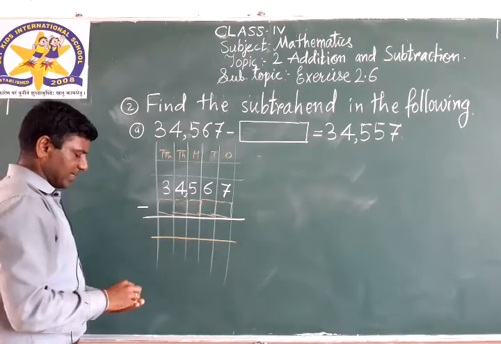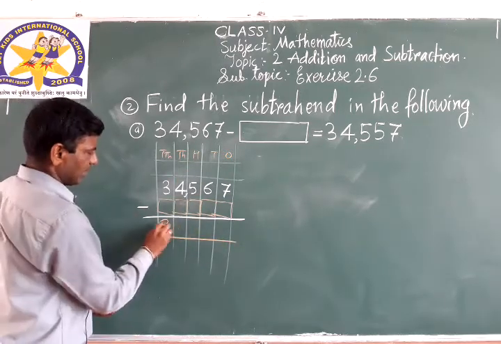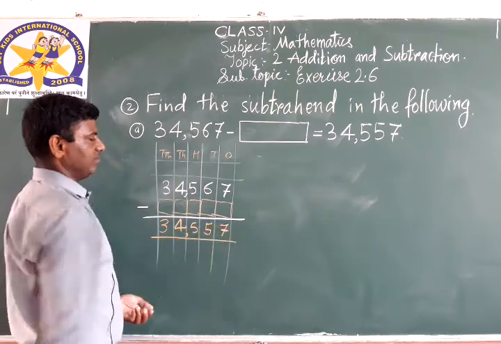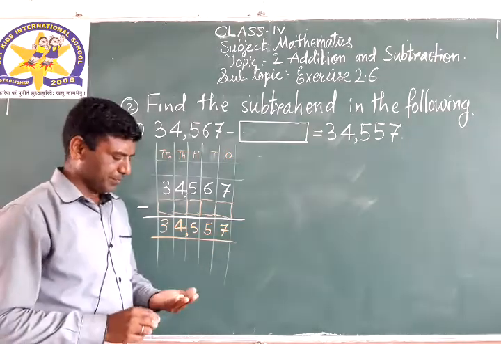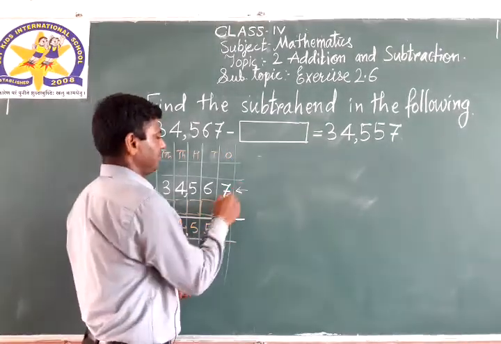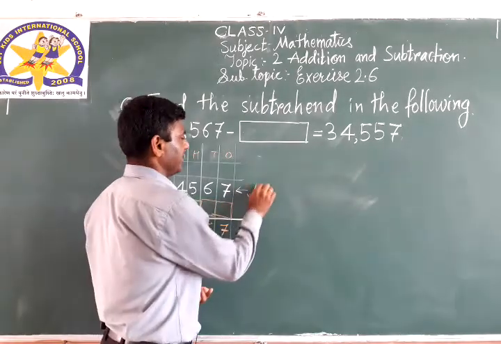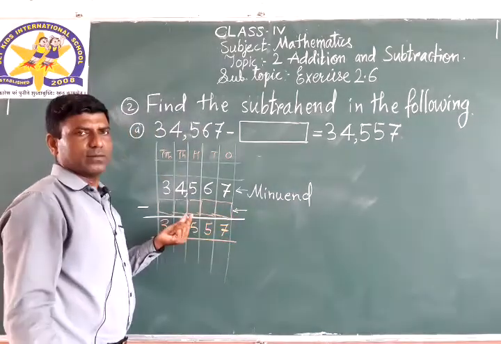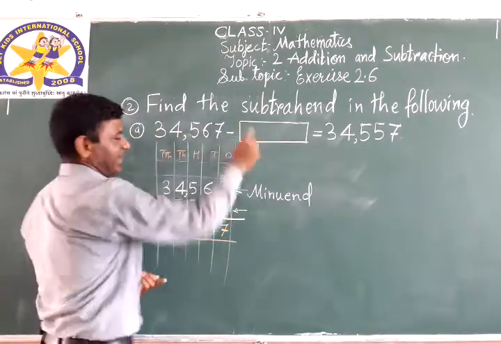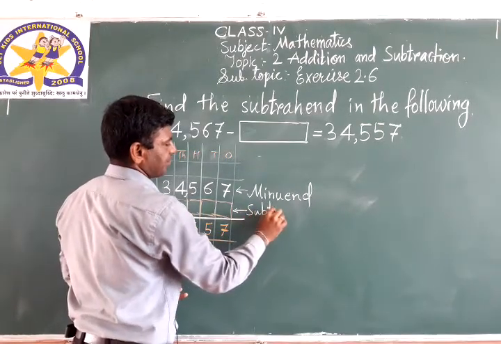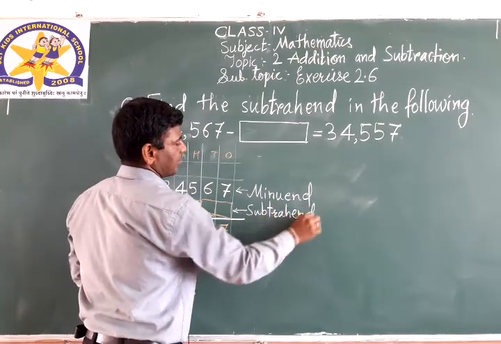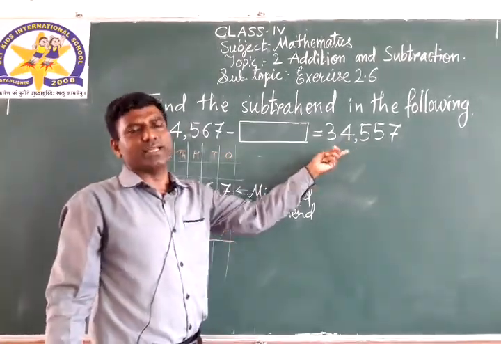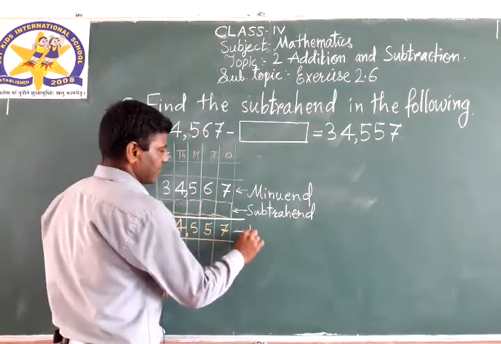What is the answer? 34,557 is the answer. This is called the minuend. Very good. This missing one is called the subtrahend. And whichever answer will come, this answer we call the difference.